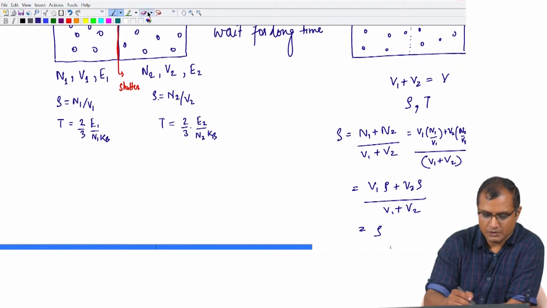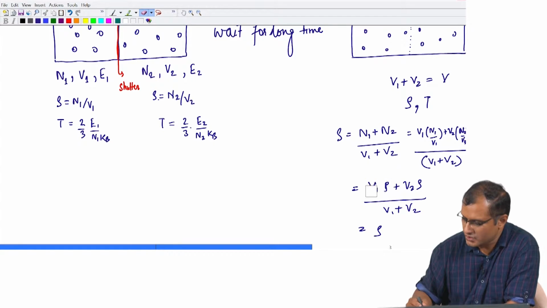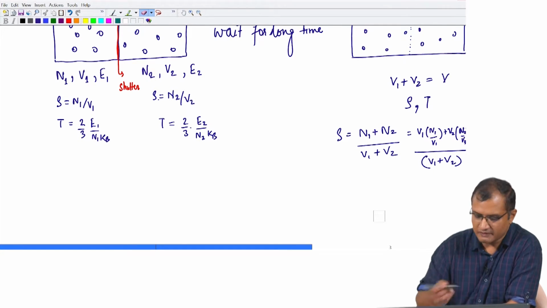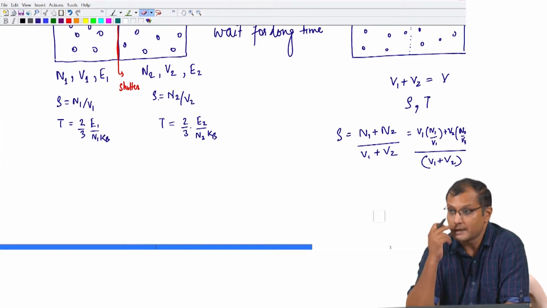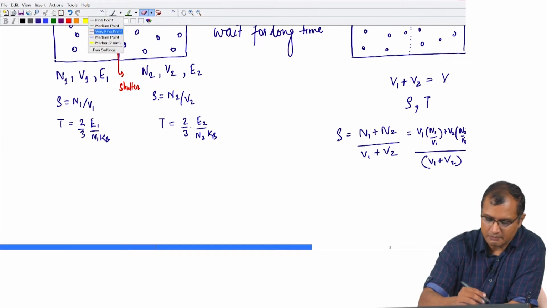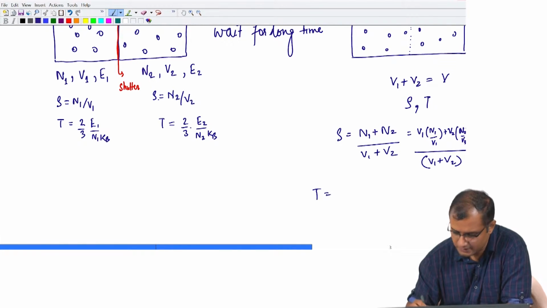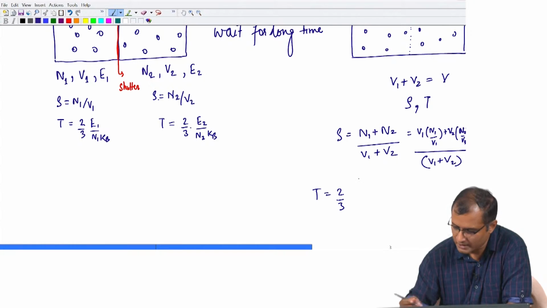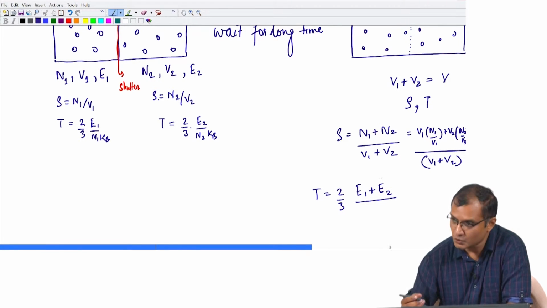Okay. So, the final density does not change, remains the same, and the final temperature also does not change, because you can write down the final temperature by the same logic that it is 2 by 3 into total energy, which is now the sum of the two energies, divided by the total number of particles, which is the sum of the two particle numbers, divided by Kb.